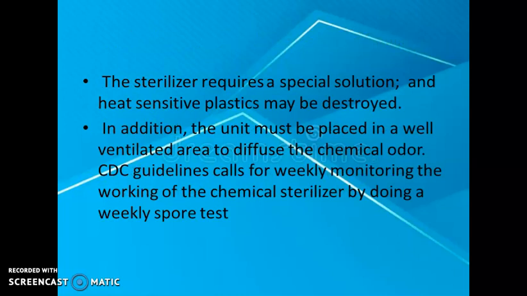The sterilizer requires a special solution, and heat-sensitive plastics may be destroyed, so we do not use heat-sensitive plastics in this method. In addition, the unit must be placed in a well-ventilated area to diffuse the chemical odor. Here also CDC guidelines call for weekly monitoring of the working of the chemical sterilizer by doing a weekly spot test.